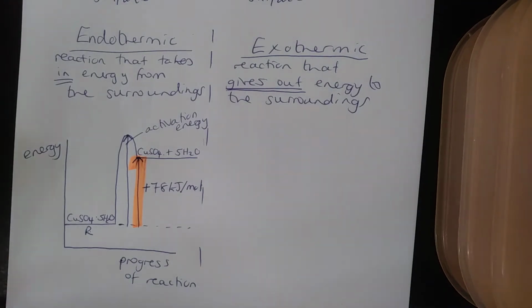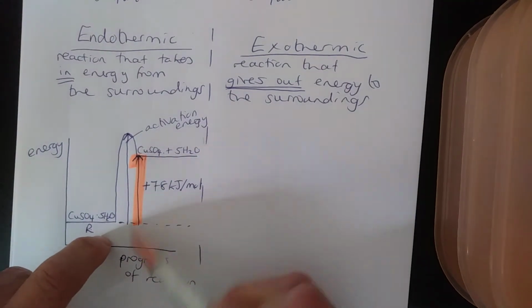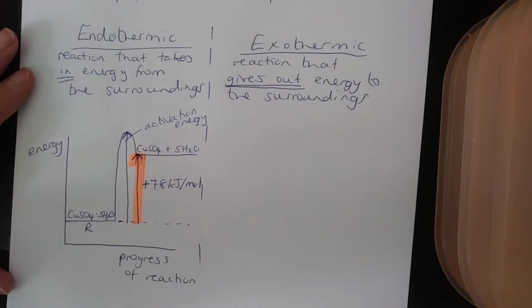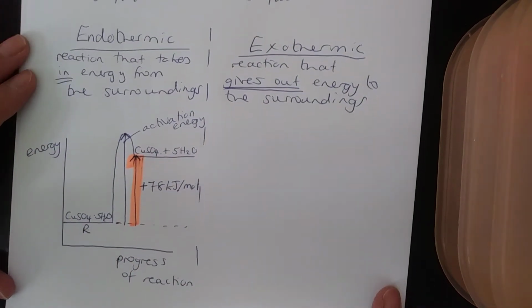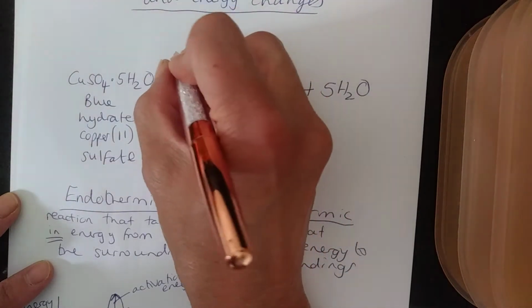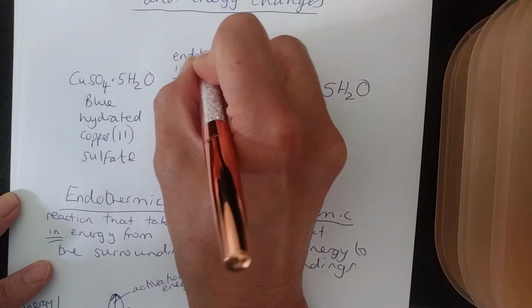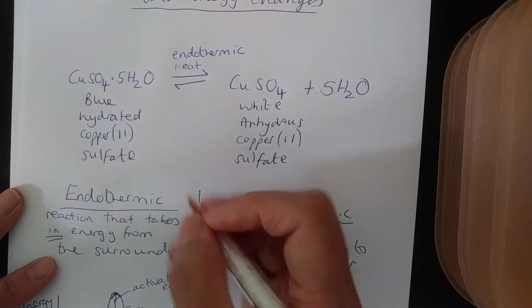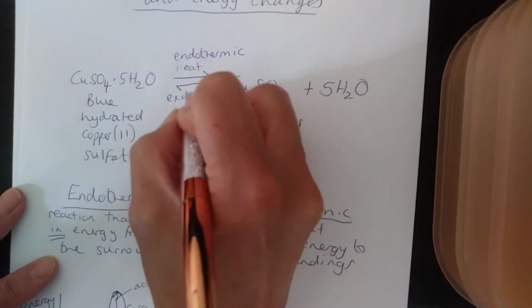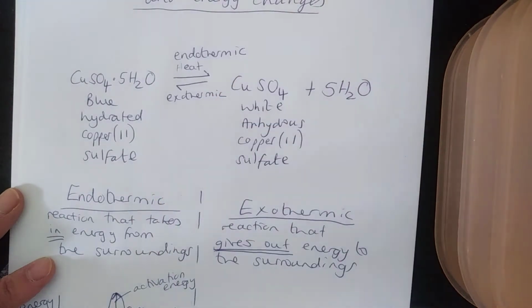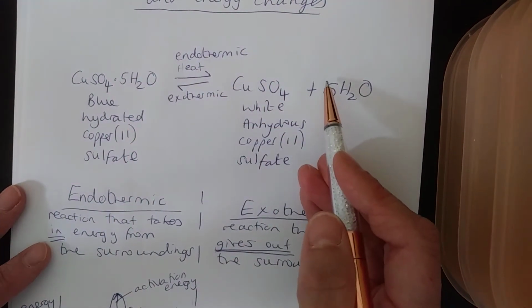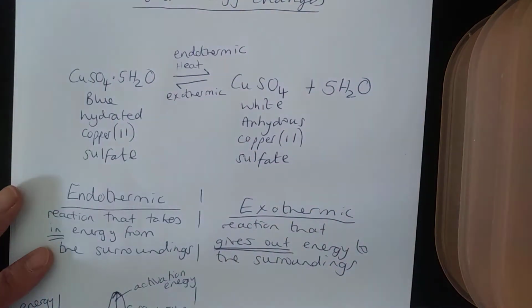However, if one reaction is endothermic in a reversible reaction, the reaction in the opposite direction is exothermic. So if the reaction here in the forward direction is endothermic, then we will apply our knowledge and we know that our reaction in the opposite direction is exothermic. So the forward reaction is endothermic, the backward reaction is exothermic.